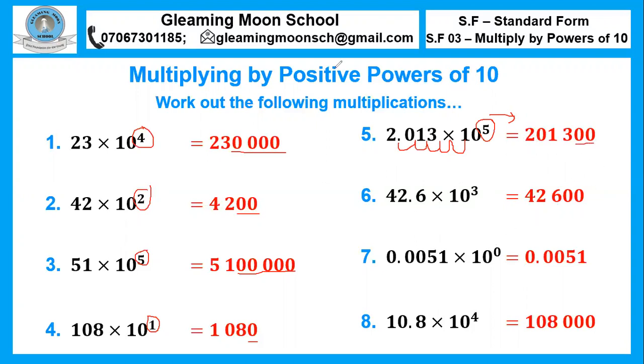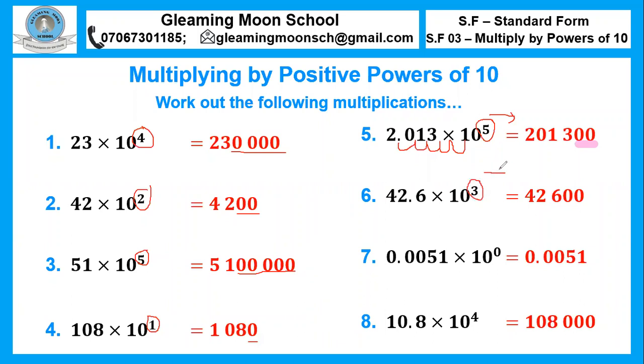So let's change the color for the placeholder. So that's your placeholder, 2 zeros. Now for this one, you have power of 3.